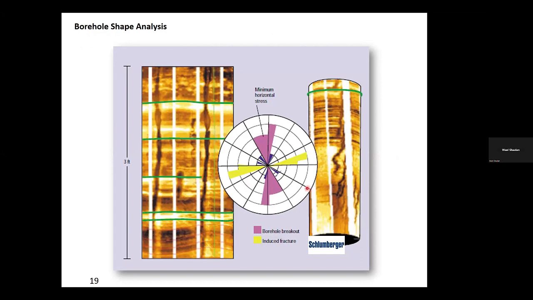We get from the borehole image that we can identify breakout, which indicates the minimum horizontal stress, and drilling induced fracture, which is usually parallel to the maximum horizontal stress. Now we can get this information and build proper geomechanical models and enhance our geomechanical data, and hence our drilling using proper mud weight and else.